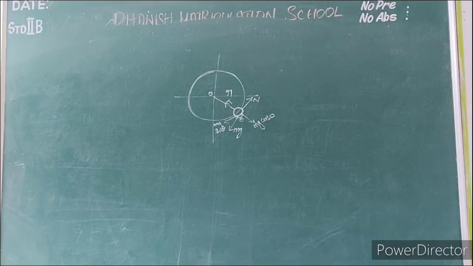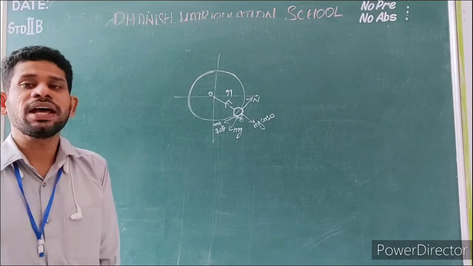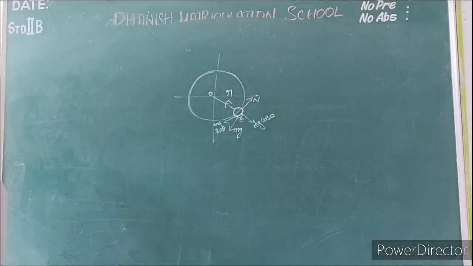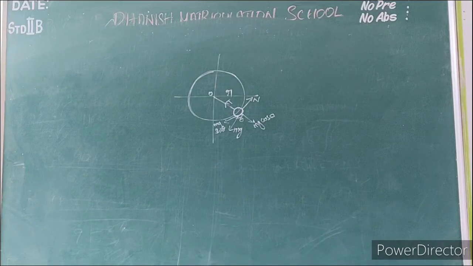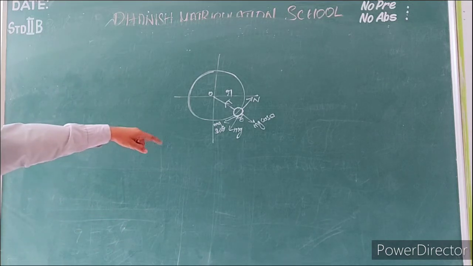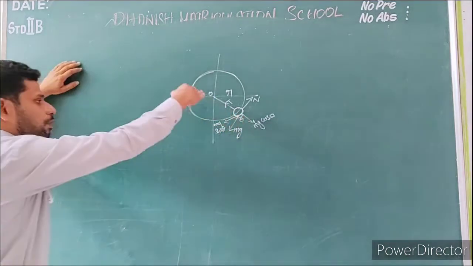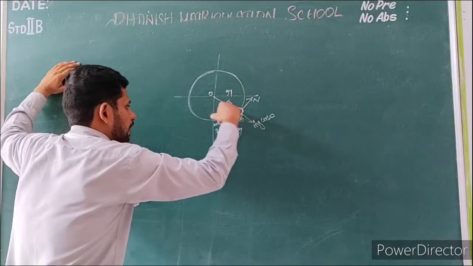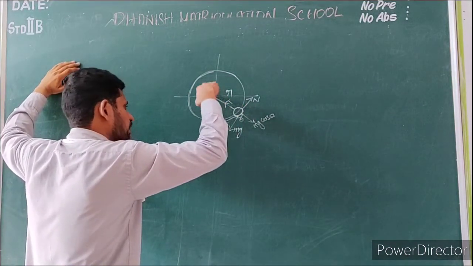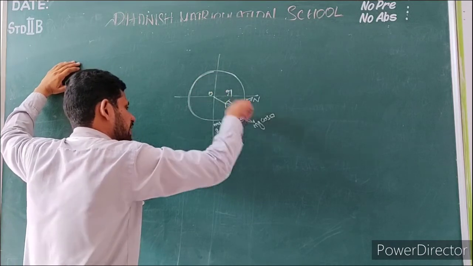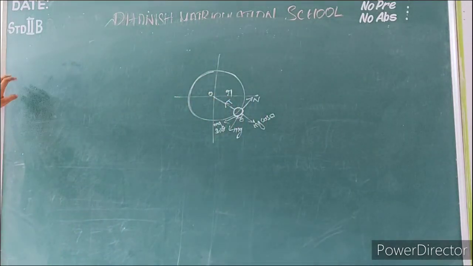Imagine that a body of mass is attached to one end of a massless and inextensible string, executing circular motion in a vertical plane, with the other end of the string fixed. Let us consider the forces on the body: gravitational force acting downward, and tension along the string towards the center, while mg cos theta is acting away from the center.